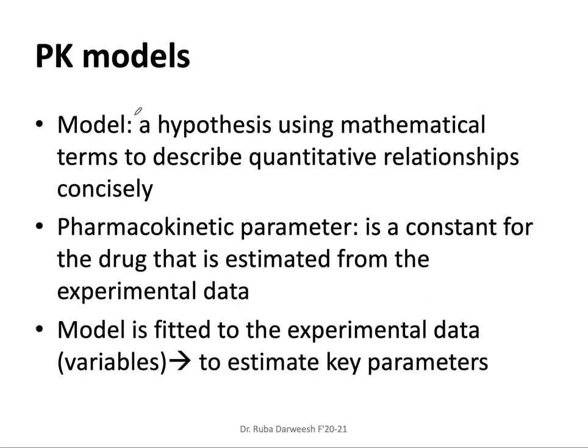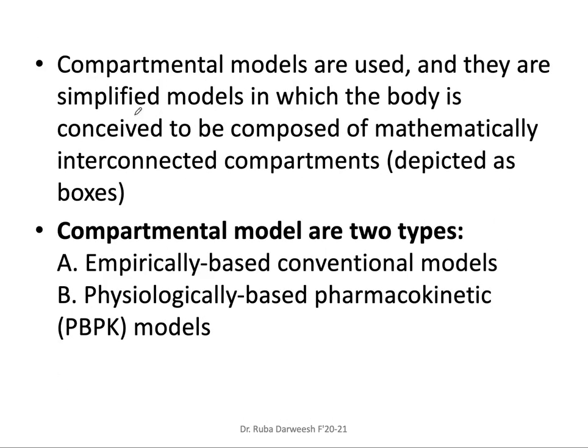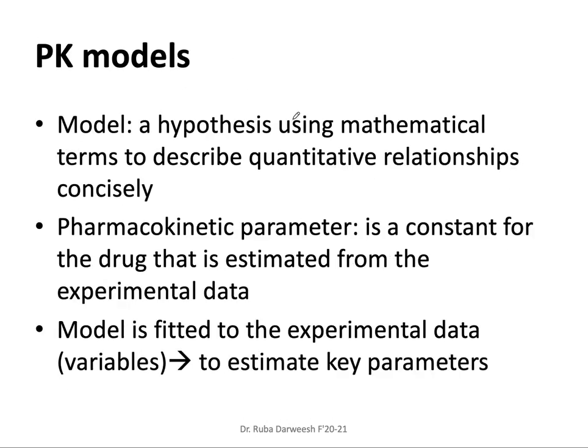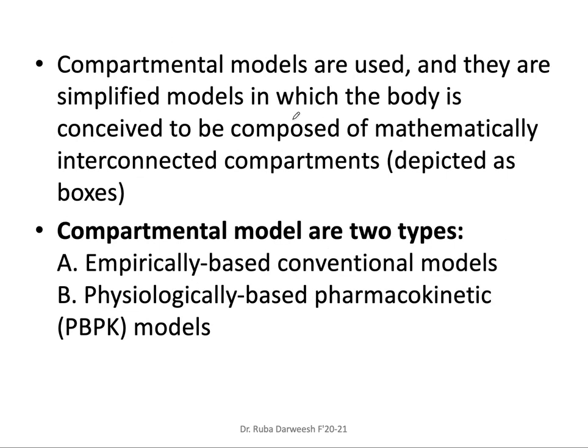Okay, we mentioned also that we have different type of compartments, and we will talk about compartmental models. The majority of this course will talk about the conventional or empirical compartmental model, but we will talk a bit here and there about physiological based pharmacokinetic.